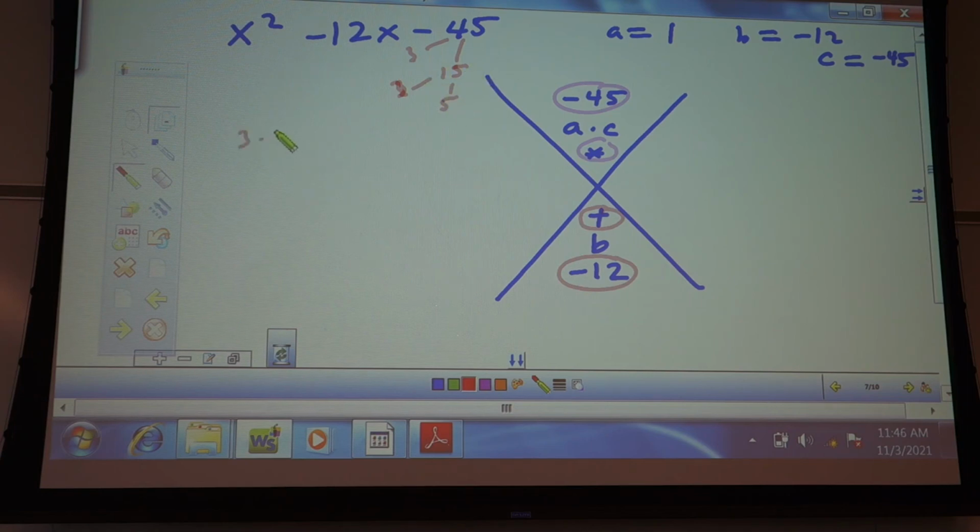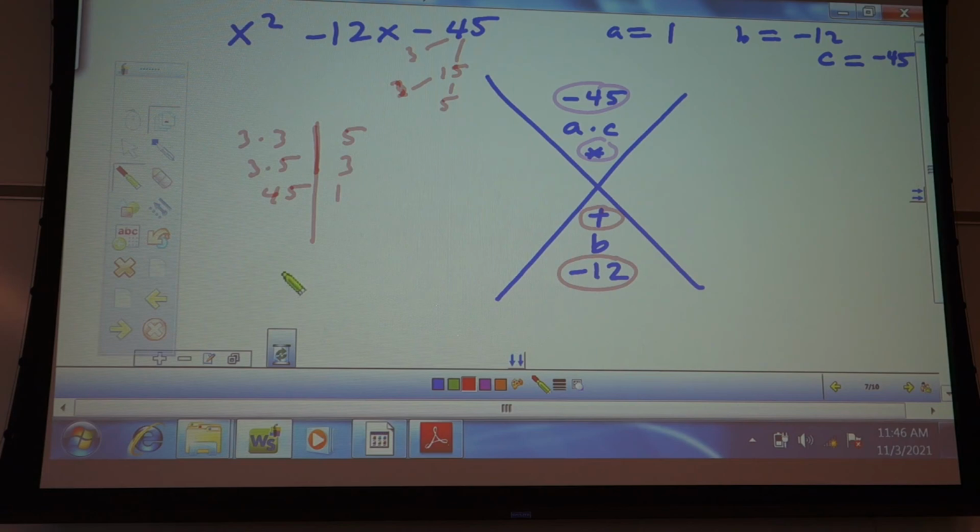Any combination works: it could be 3 times 3 and 5, or 3 times 5 and 3, or the other option would be 45 and 1. Those are my options for factoring the 45, and either side can be negative.